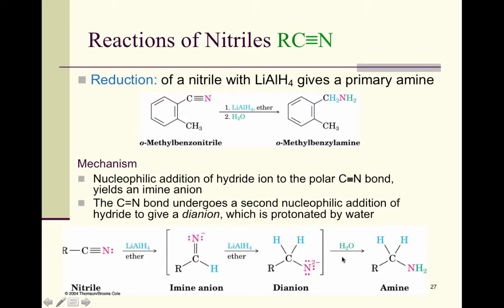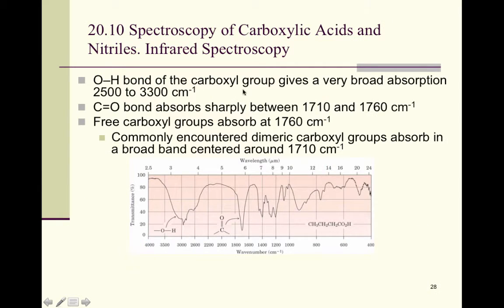Water comes in and it protonates the nitrogen, forming an amine. The mechanism is a nucleophilic addition of hydride ion to the polar cyanide bond and yields an amide anion. The carbon-nitrogen double bond undergoes a second nucleophilic addition of hydride to give a dianion, which is protonated by water.